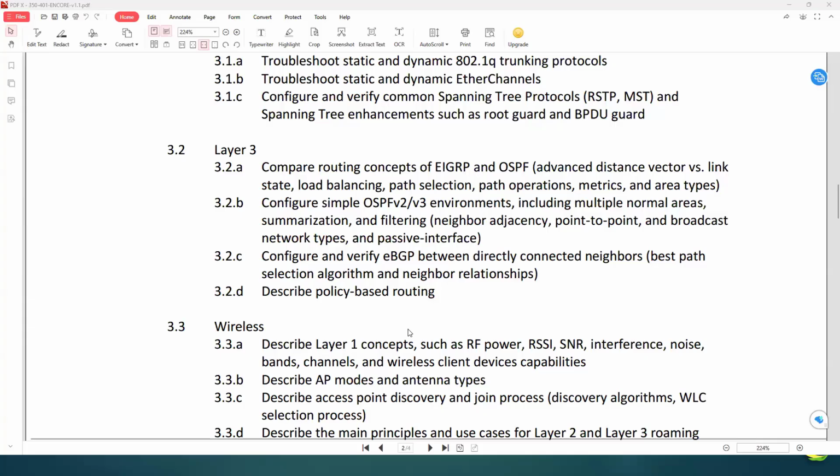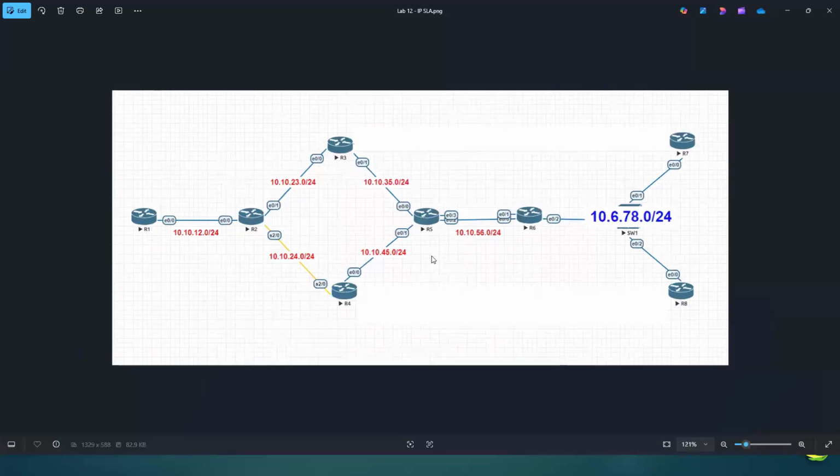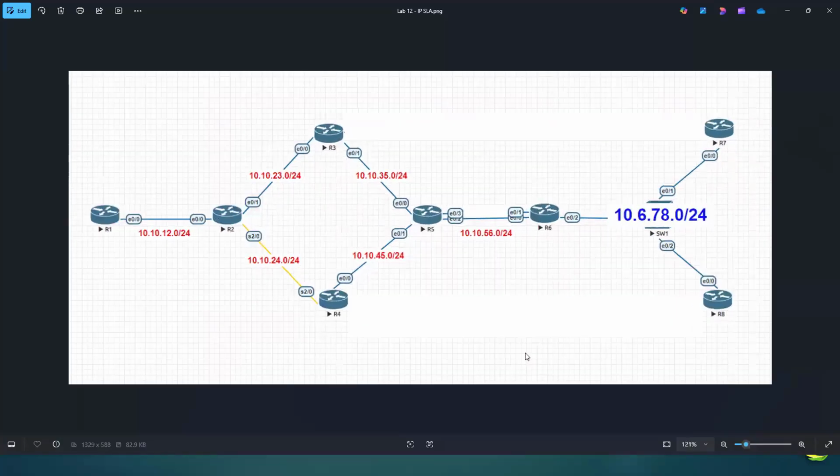Based on many things, we can decide where the packet will go next, right? That is called policy-based routing. So before it goes to the traditional routing engine, we have already decided what the next stop will be. We'll see a practical of that as well. So just to give you an example, we use this topology for most of our routing practicals.